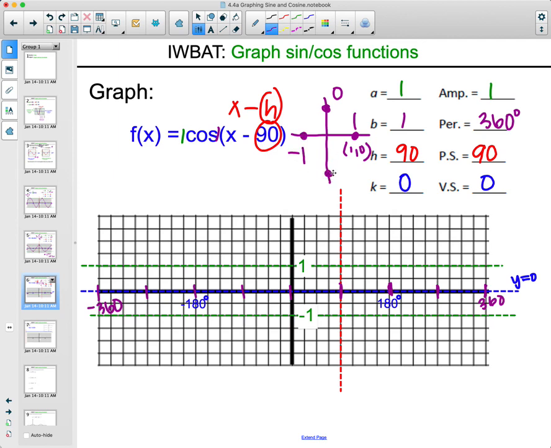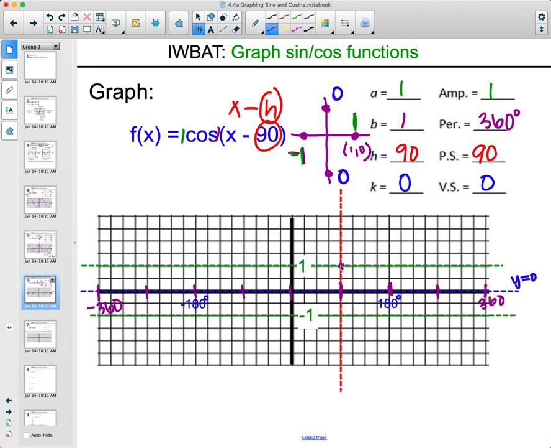The x value here is 0. So the maxes and mins are still going to be 1 and -1. And then the middles are still starting at 0, because of the phase shift again. So start plotting them on this red line. So cosine starts at a maximum.